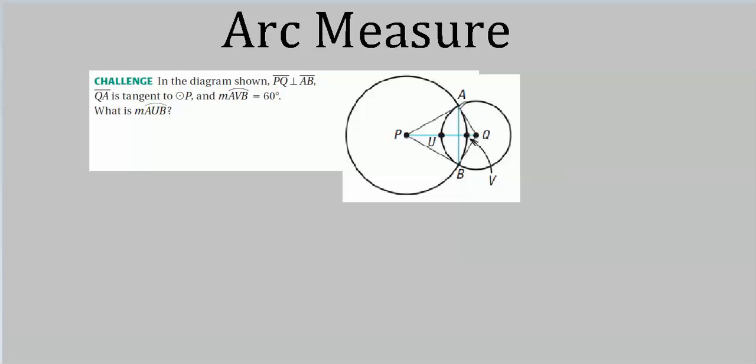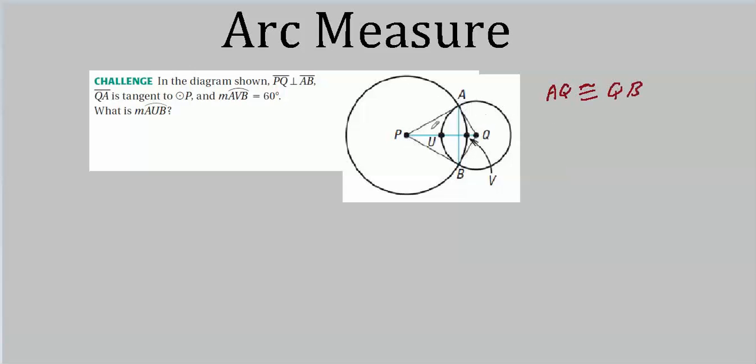So QA and QB are the same. I should just write that out. AQ is congruent to QB. That's these two.